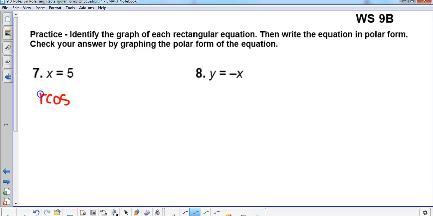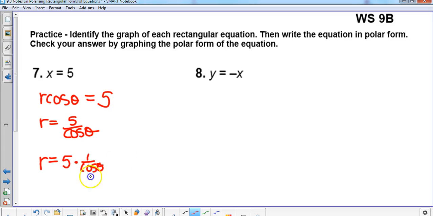R cosine theta equals 5. But to be able to type it in our calculator, we're going to have to do what? Divide by cosine, so the r's by itself. That's what we're going to type in. But what do you think the book would actually write as a choice for that? 5 times 1 over cosine, which is secant.